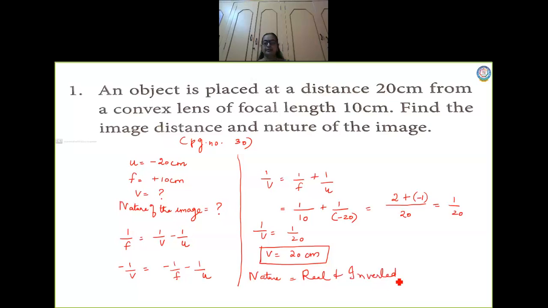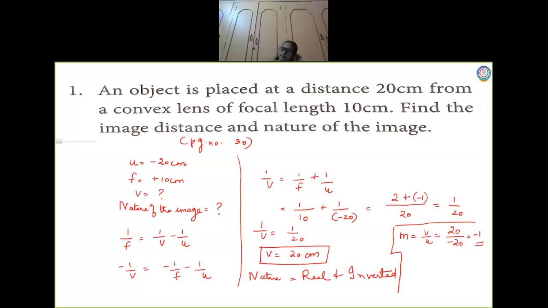Real and inverted image. Are you able to understand? Yes. And we'll find out the magnification also for this. What is the magnification formula? Magnification formula is m is equal to v by u. So what is v? v is 20, u is minus 20. So what is magnification? Magnification is minus 1.